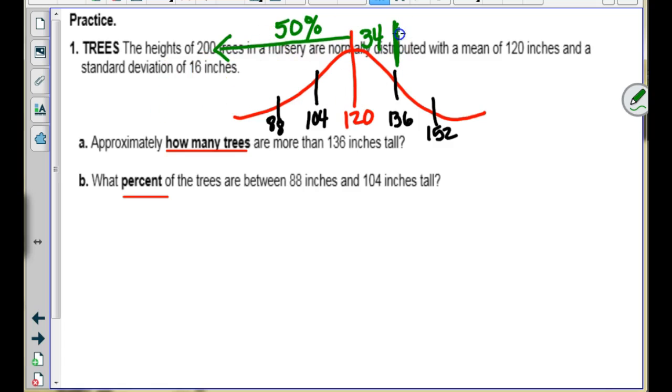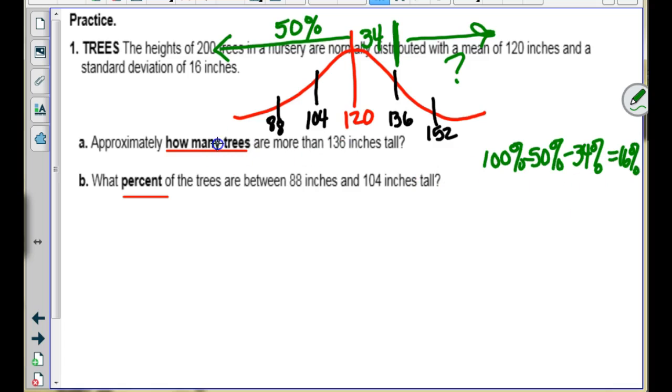So how much is left to be above this? Okay, so 100% minus 50% minus 34% leaves 16% is above there, okay?